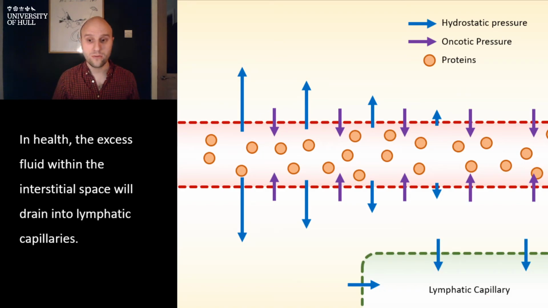And in health, running alongside your systemic circulation, the circulation of blood around your body, is the lymphatic circulation, and you have lymphatic capillaries which run alongside the systemic capillaries, and they are also permeable to water. So the excess fluid, that net filtration, will be drained from the interstitial space into the lymphatic capillaries, and eventually will re-enter the blood supply when those two things join.